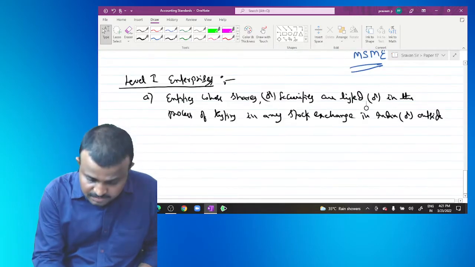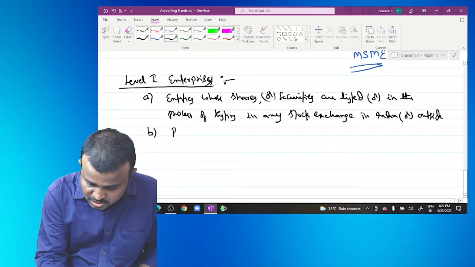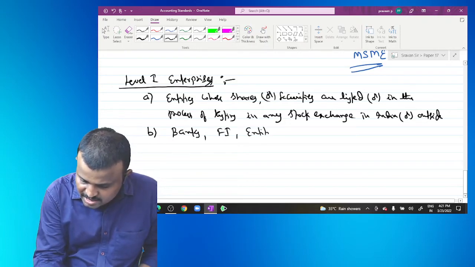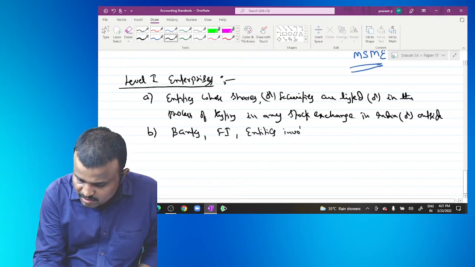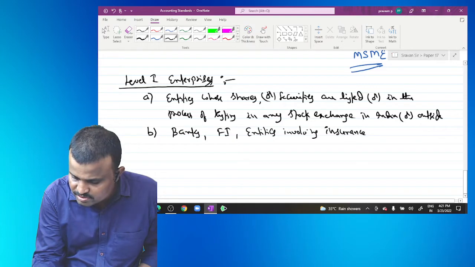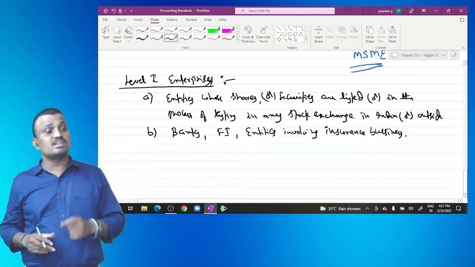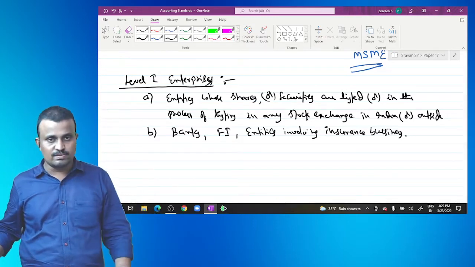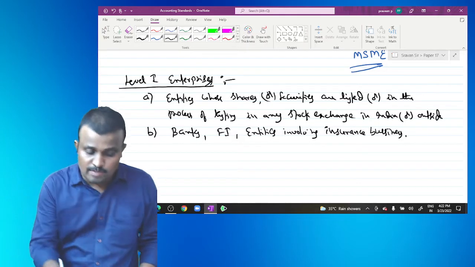level 1 enterprise. Next, it includes banks, financial institutions, and entities involving insurance business. Here, banks include cooperative banks.